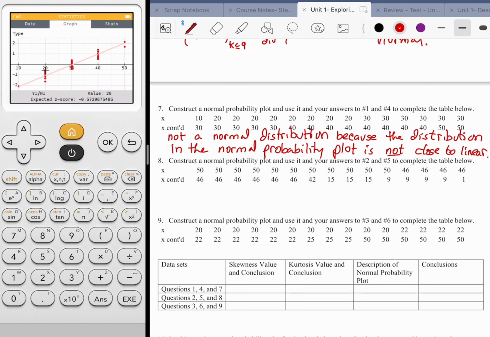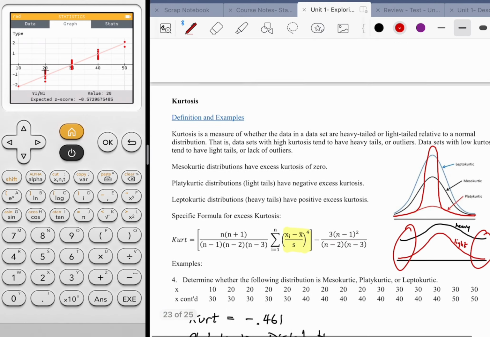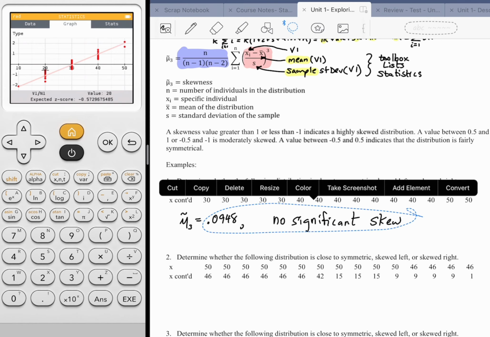So for questions 1, 4, and 7, just going back, for 1 we had 0.0948 with no significant skew.